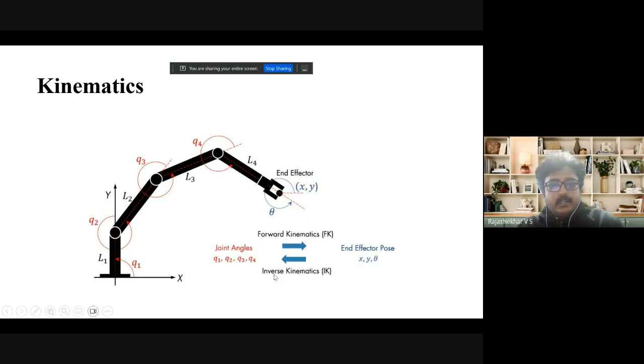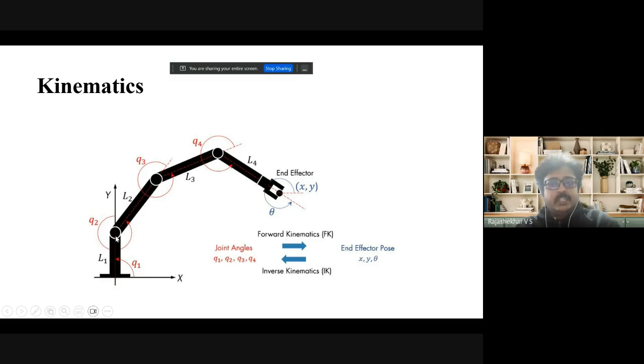Okay. In inverse kinematics, it's the other way around, where the x, y, and theta are known of the end effector, and then we try to calculate the joint angles, back the joint angles from the information which we get over here. So this is the forward kinematics, and this is the inverse kinematics, knowing the x, y, and theta, and we come to know the joint angles.